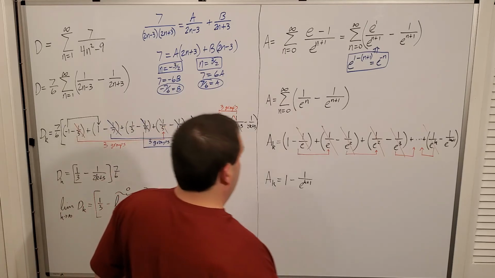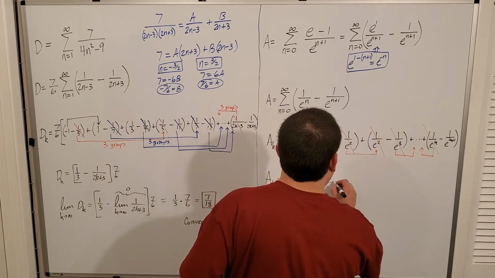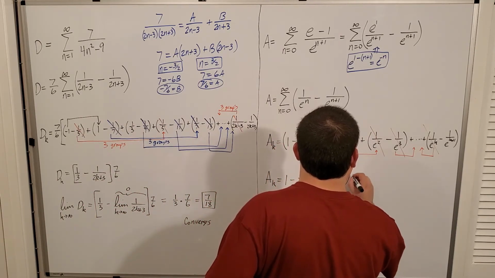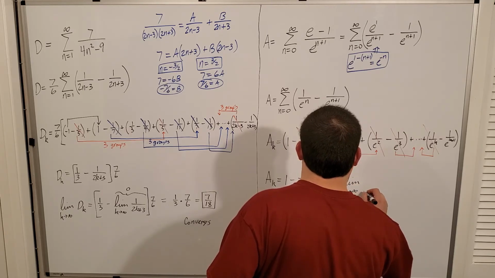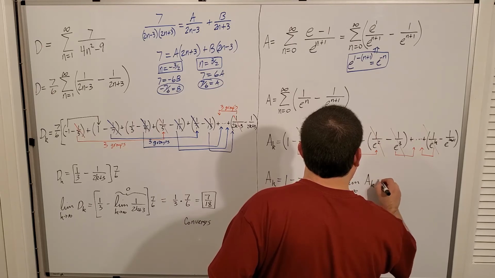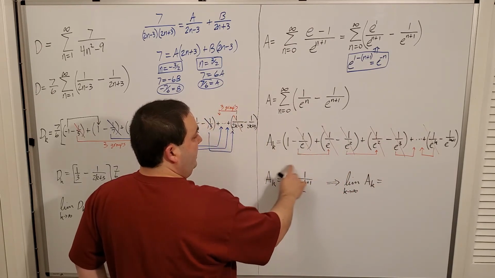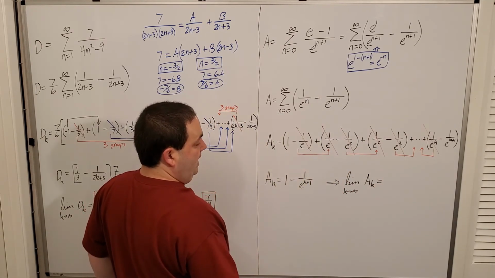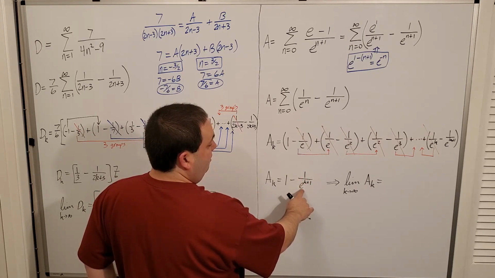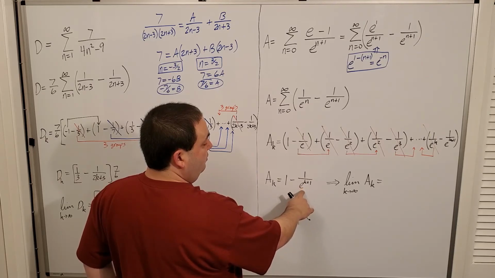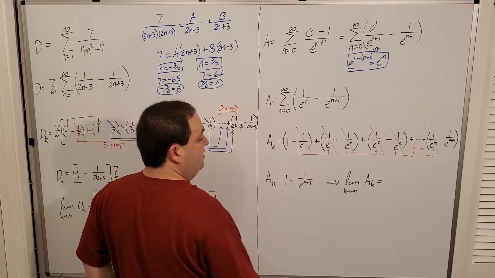So then let's skip to the chase here. The limit as k goes to infinity of a sub k is the limit of this as k goes to infinity. And of course, this has a very large denominator as k goes to infinity, which is going to allow that piece to go to 0.